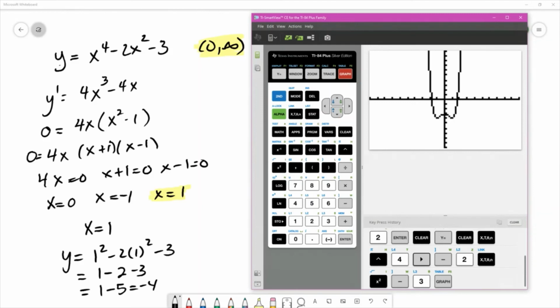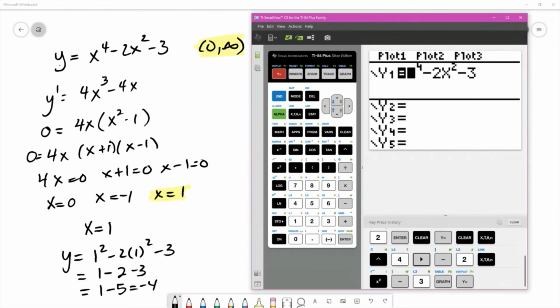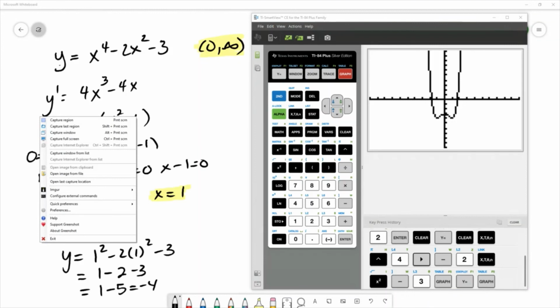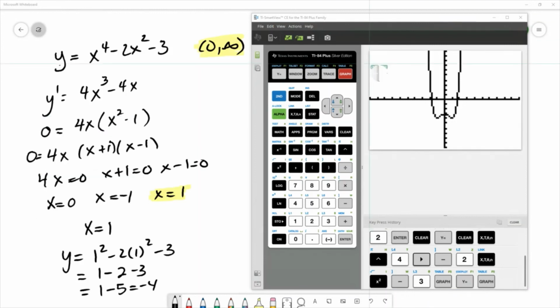Let me make sure I type that in correctly. Okay, so now we see the graph. I'm going to take a screenshot of that graph so we can write on it.